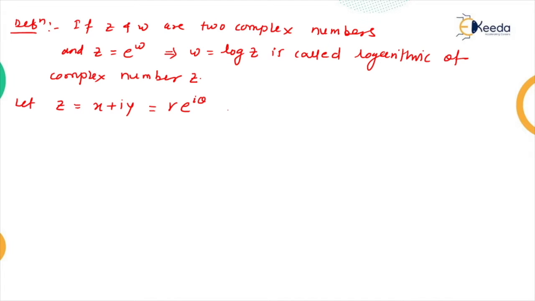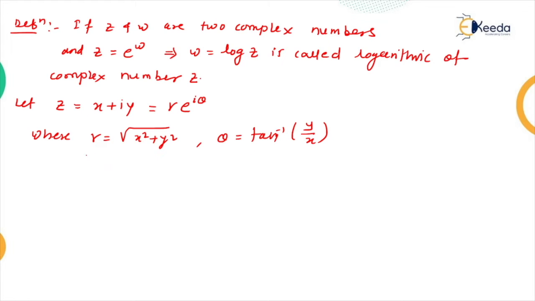Here r is equal to the square root of x square plus y square, which is called the modulus of the complex number, and theta is called the amplitude of the complex number, given by tan inverse of y by x.